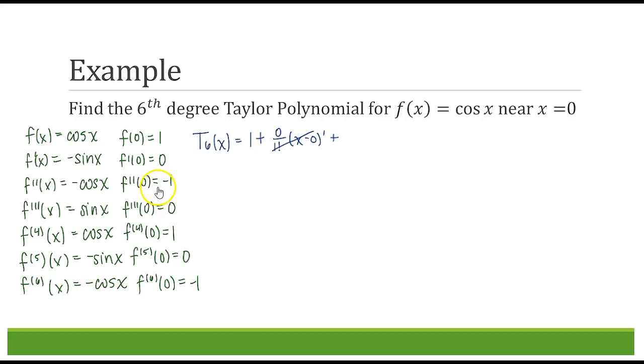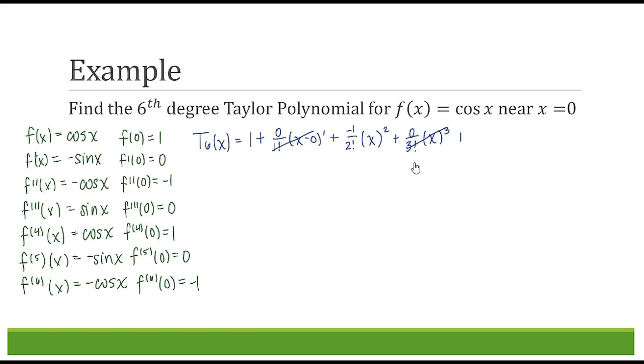Plus, now we're going to have the second derivative at 0, so that's negative 1 over 2 factorial, and then we're going to have x. It's going to be x minus 0 every time, but that's obviously just x, so I'm going to leave this as just x squared. Then I'm going to have plus the third derivative at 0 was 0, so we'd have 0 over 3 factorial, and then x cubed, but that's just going to give us 0. So 0 over 3 factorial is 0, so that term is gone.